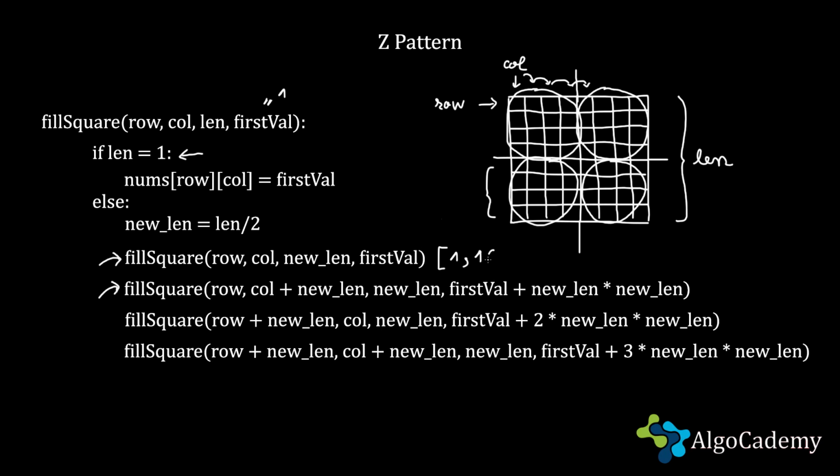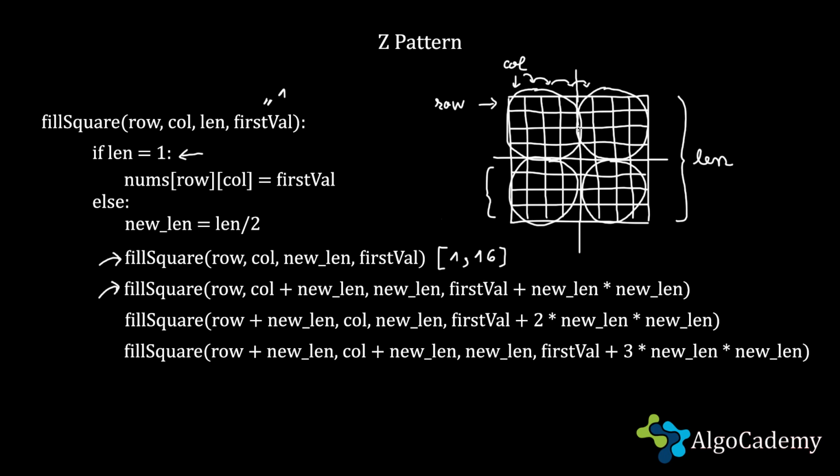So I have filled that quadrant with all the values from 1 to 16, which is indeed what will happen when we do this. Perfect. This means that if all the values from 1 to 16 are here, and this is the second quadrant, then the first value in this quadrant is going to be actually 17.